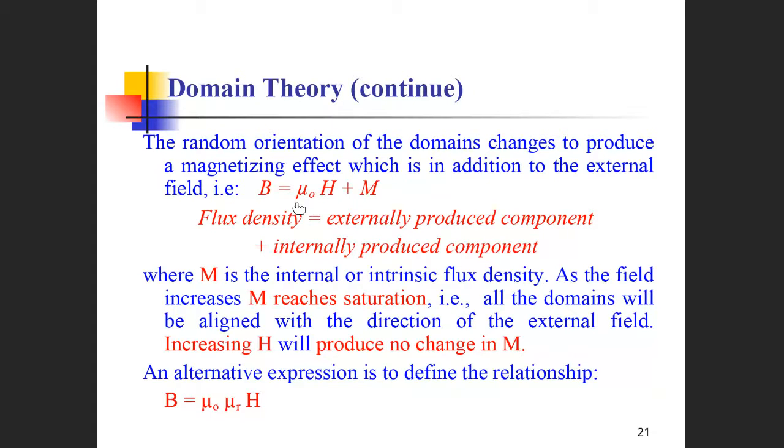There is a basic magnetic field produced by H, which is mu zero H, even in the air. This mu zero H is the basic magnetic flux produced by a given current with H. There is an additional magnetic field due to the small poles.